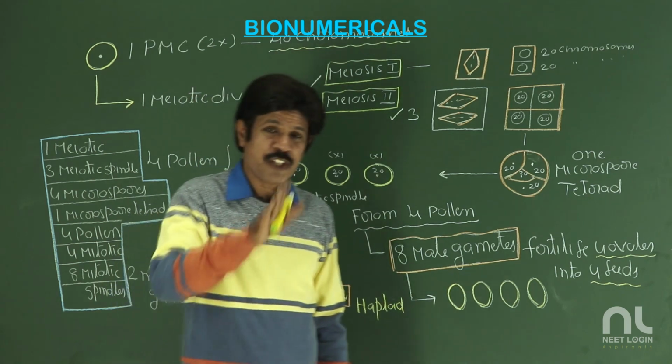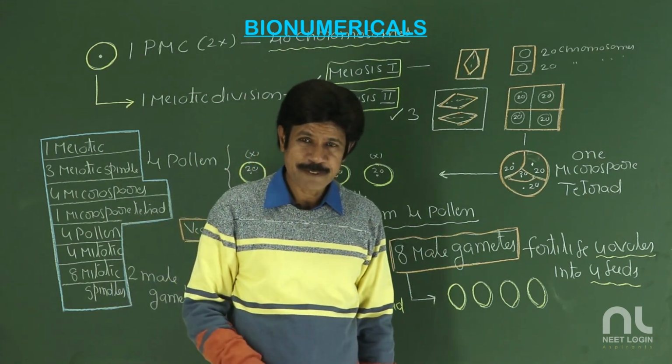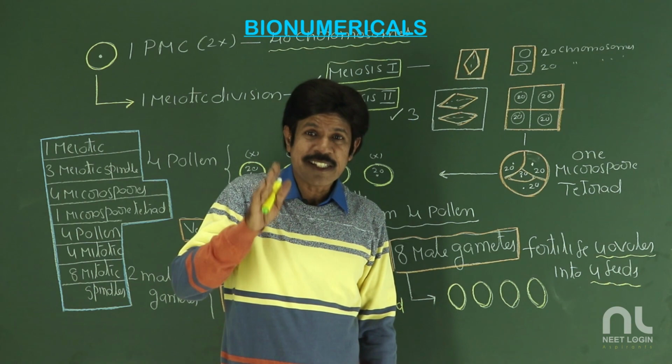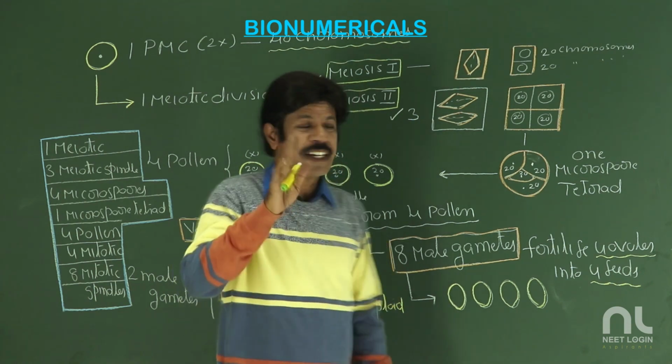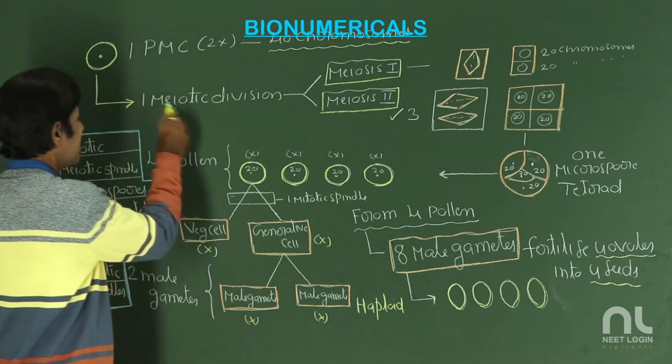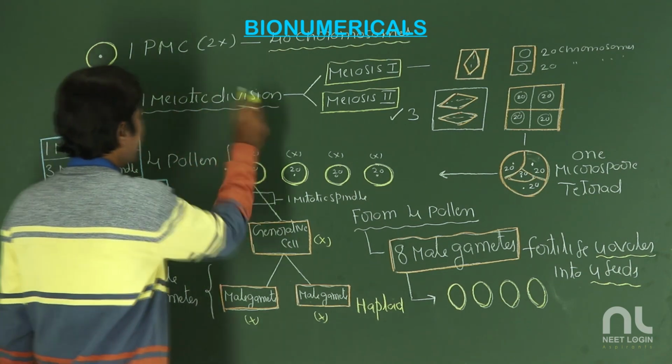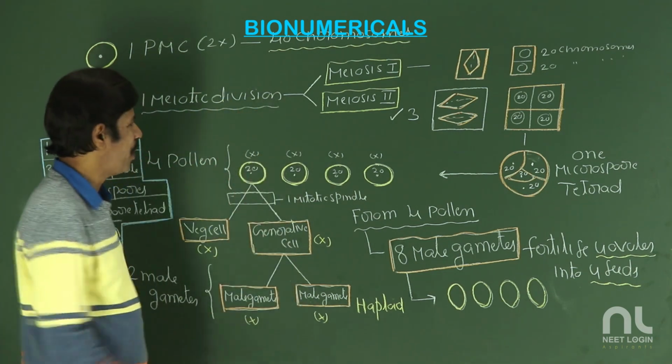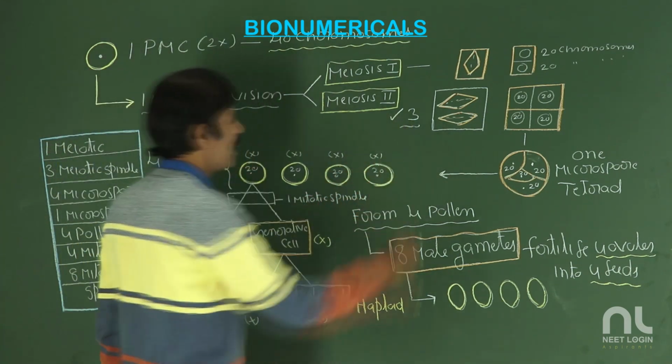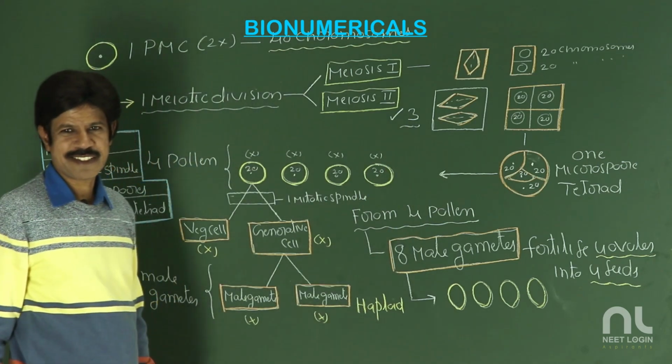So for formation of 4 ovules into 4 seeds, from the paternal side, that is the male side, how many reduction divisions are required? That is 1 meiotic division. How many meiotic spindles are formed? 3 meiotic spindles.